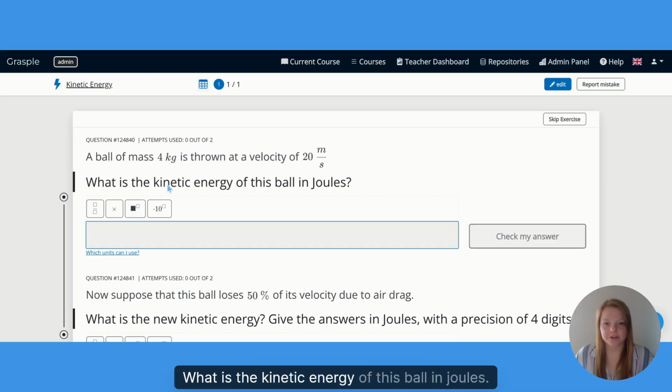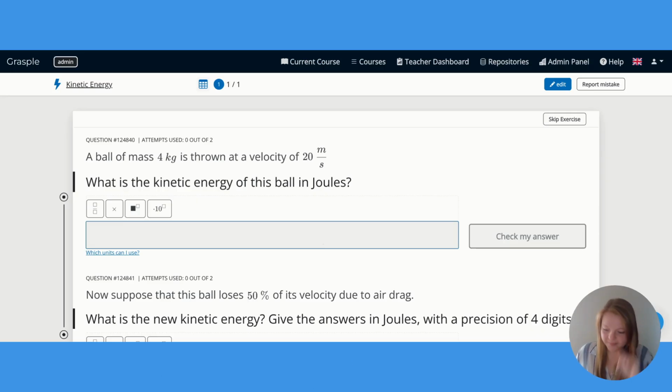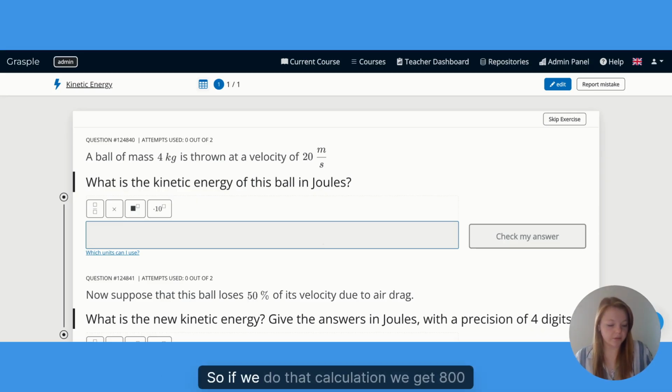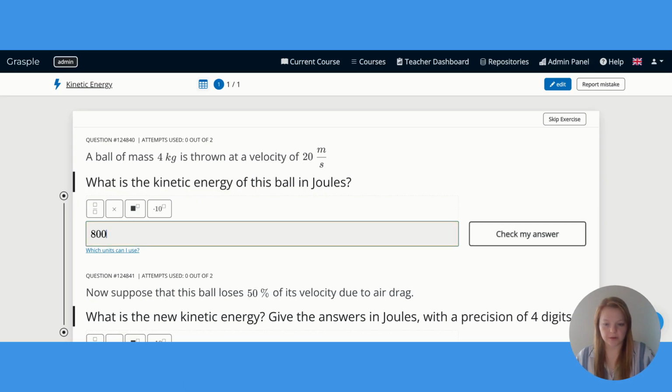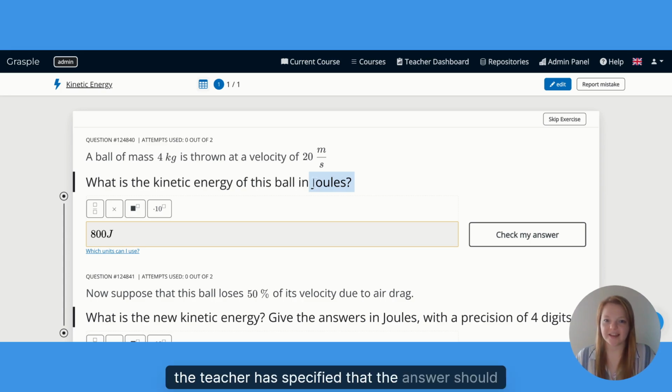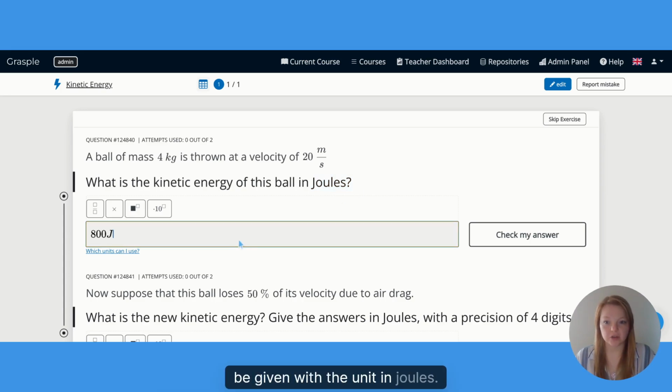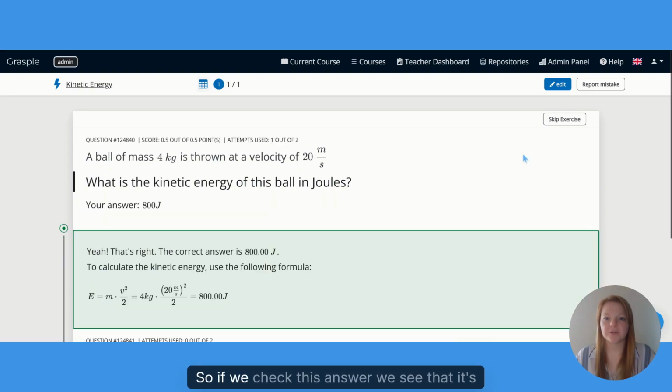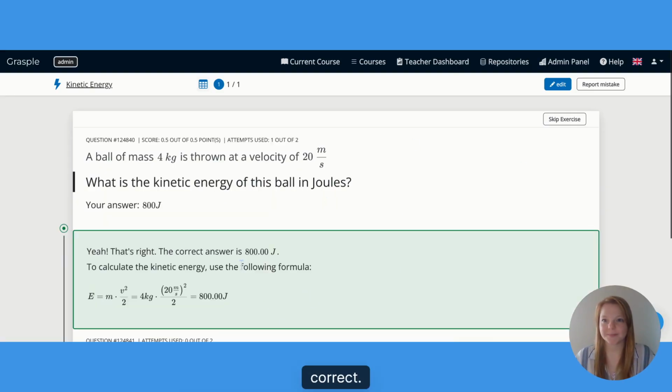What is the kinetic energy of this ball in joules? So let's do the calculation here. If we do that calculation, we get 800 joules. As we can see, the teacher has specified that the answer should be given with the unit in joules. So if we check this answer, we see that it's correct.